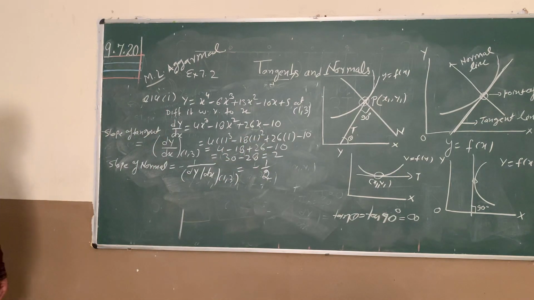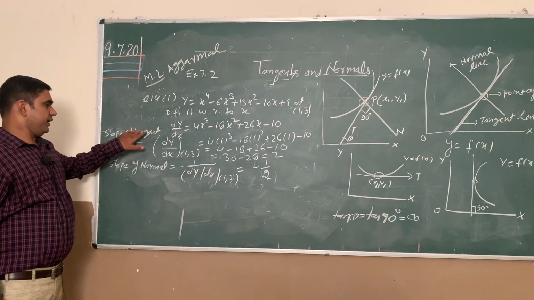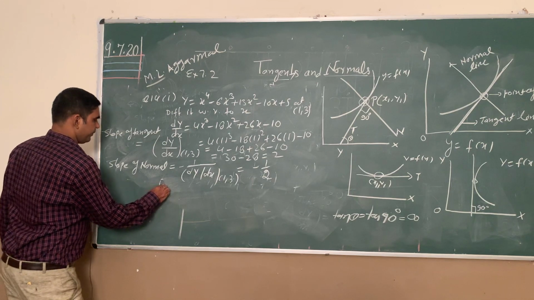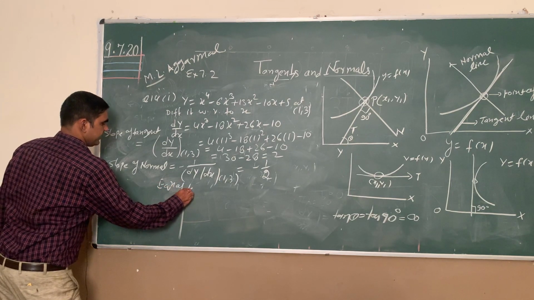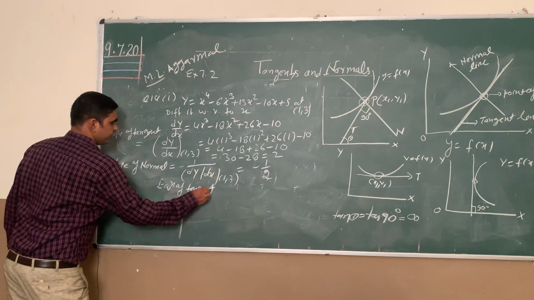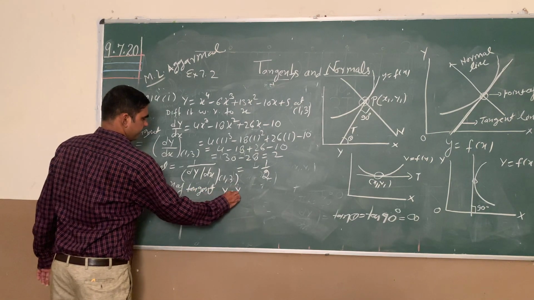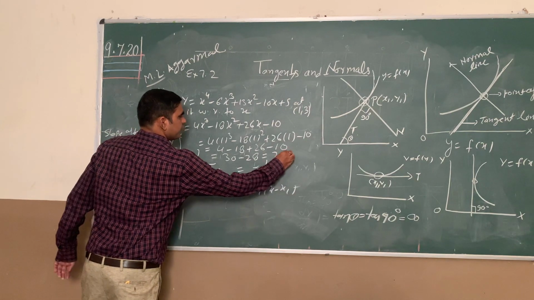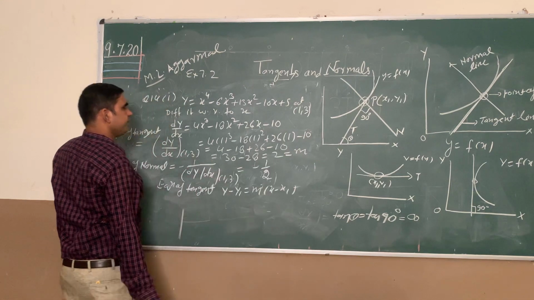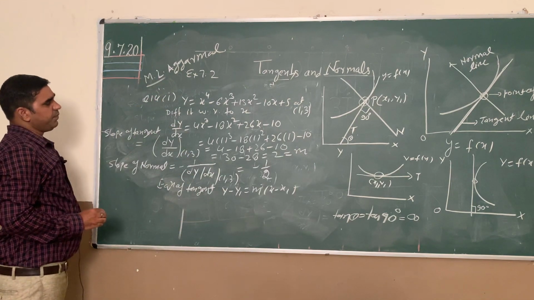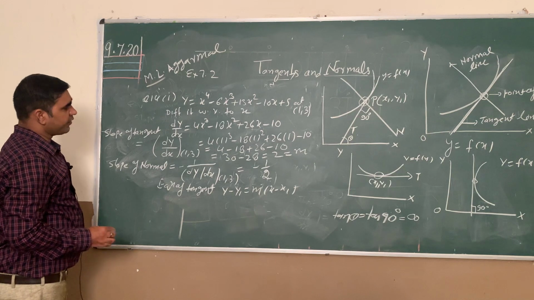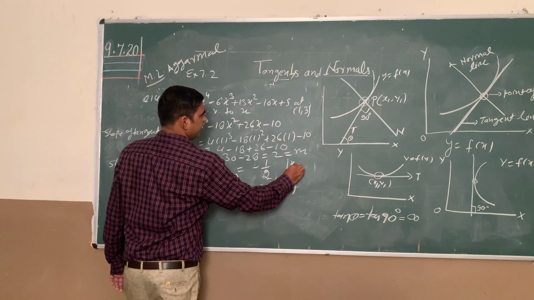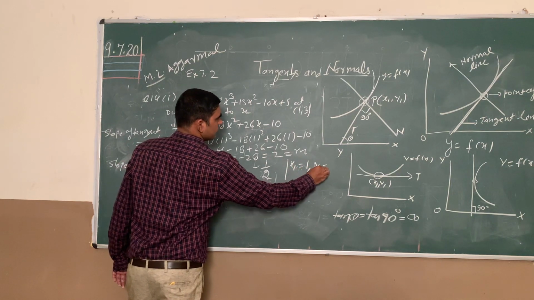Now we have to find the equation of the tangent line and the equation of the normal line. So the equation of the tangent, according to the formula, is y minus y1 equals m times x minus x1. You can say this is m, and x1, y1 is the point: x1 equals 1 and y1 equals 3.